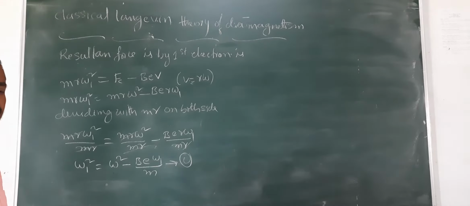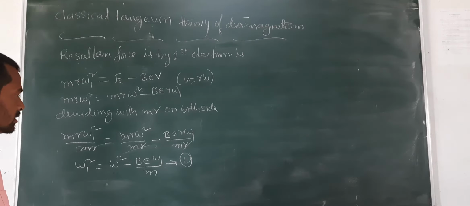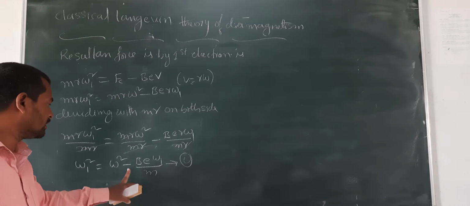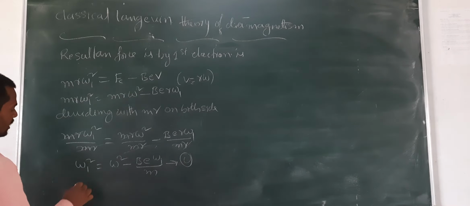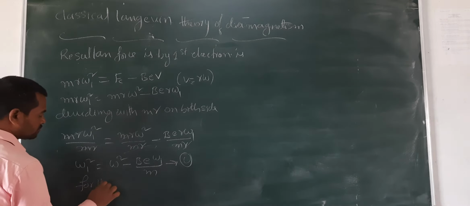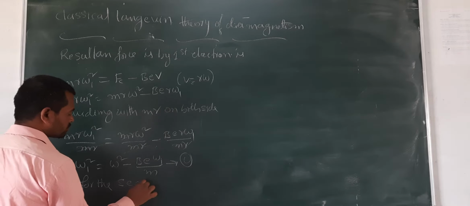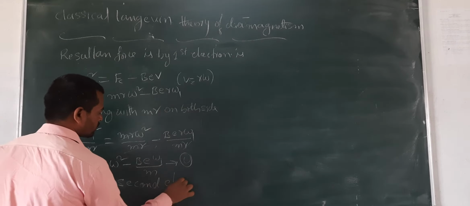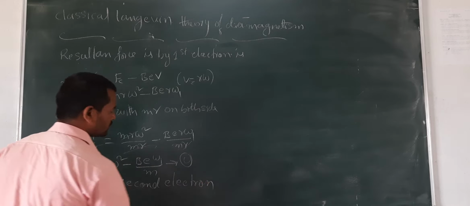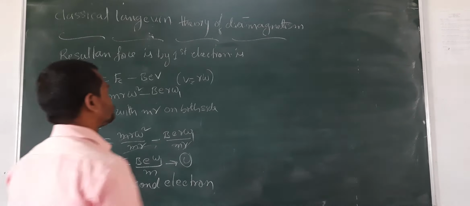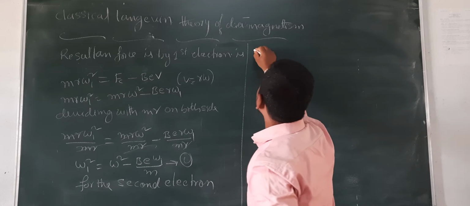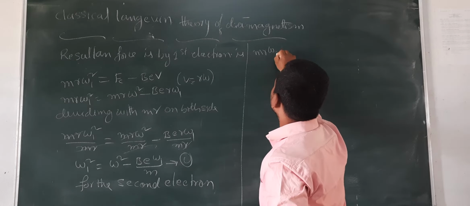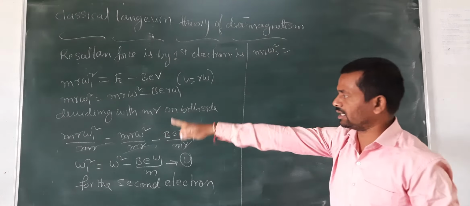Next, the electron revolving in the anti-clockwise direction. For the anti-clockwise direction, this minus becomes plus, for the second electron. Same thing: m r omega 2 square, where here it is omega 2 instead of omega 1.